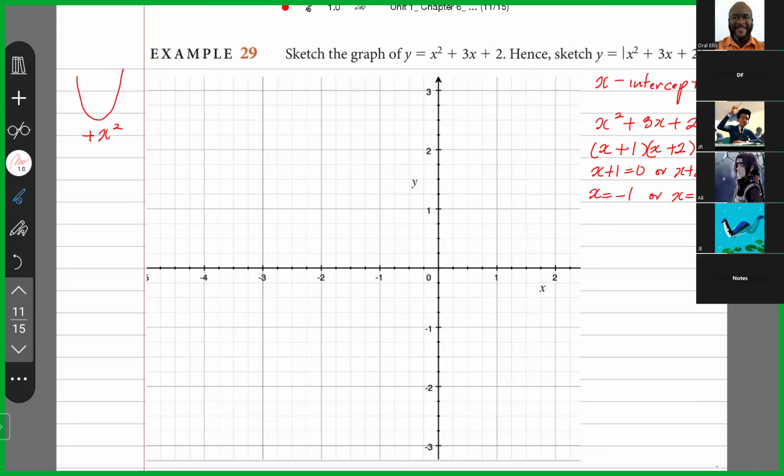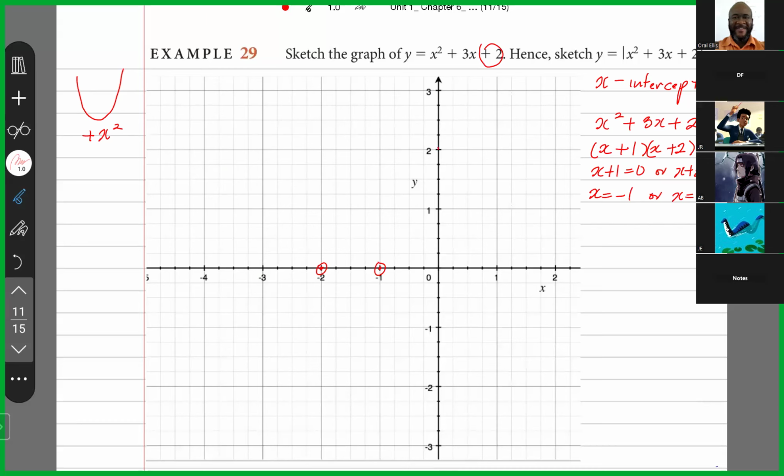All right, so my x-intercepts are -2, 0, which is here, and -1, 0, which is here. I know that the graph is going to cut the y-axis at +2. Positive 2 is the y-intercept.